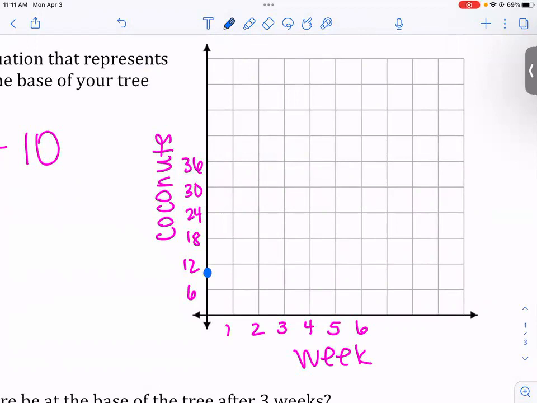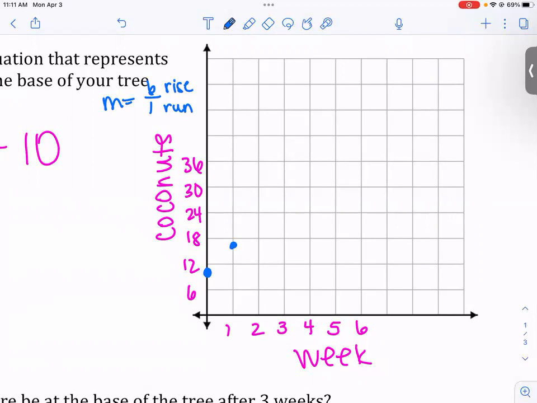Now our slope is 6 over 1. So if our slope is 6 over 1, rise 6 and run 1. Notice my rising 6 would be to here, but my running 1 would be here. Remember, I'm counting differently on my rise than on my run.